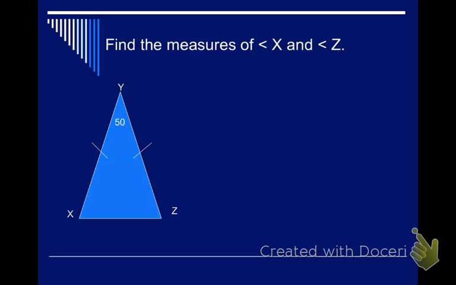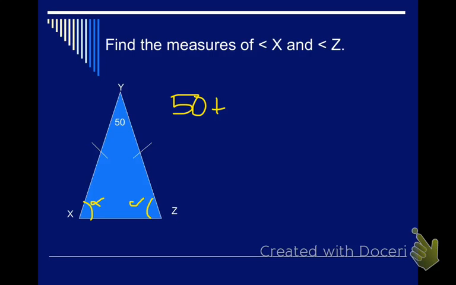Okay, here's a triangle with notation showing that the two sides are congruent. Looks like we have an isosceles triangle, and we know that angle Y is 50 degrees. Find the measures of X and Z. Well, we know that these are congruent angles because of the isosceles triangle here. So we need 50 degrees plus this unknown angle, we'll call it alpha, since X is already used.